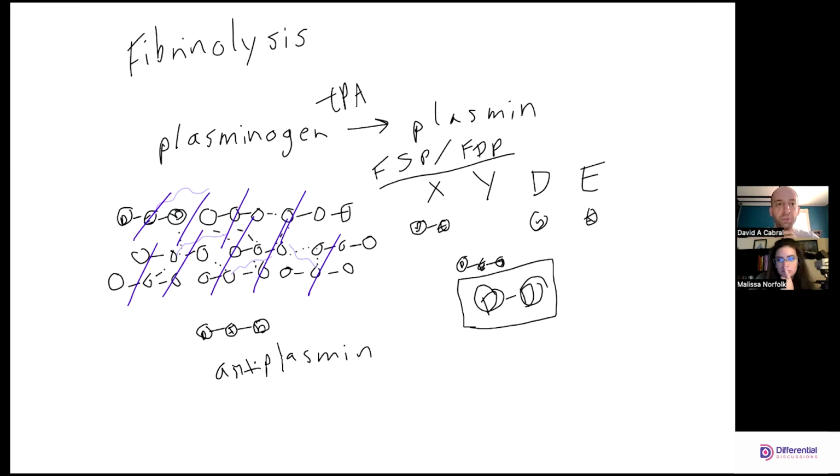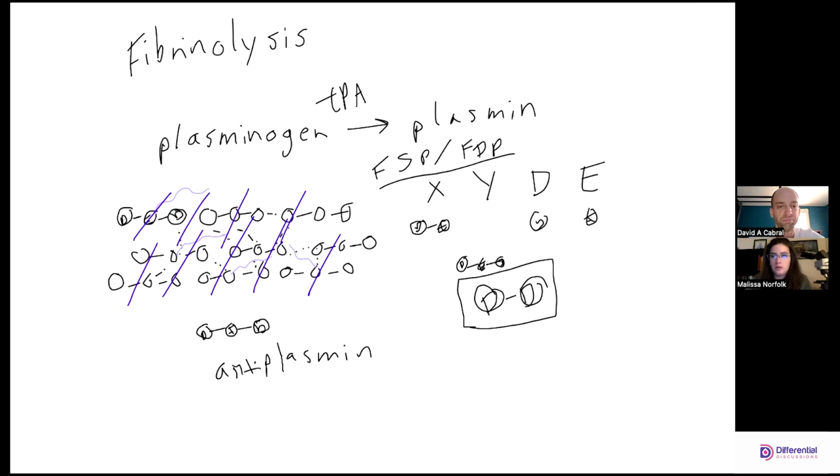A lot of what happens in normal physiology localizes this activity, which is wonderful. I want clotting to happen here, not there. I want dissolving of the clot to happen here, not there. And so antiplasmin is one of our go-to molecules.